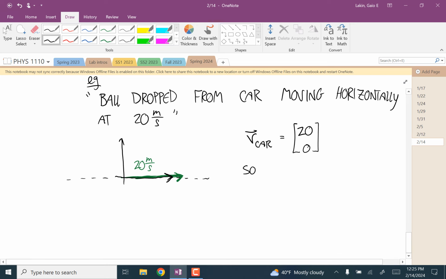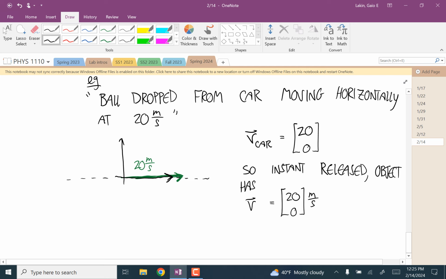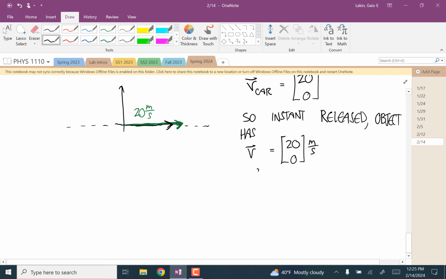So at the instant it's released, the object has a velocity vector that's also equal to 20, 0. Or again, if you separate those components, the x component is 20 meters per second, and the y component is 0.